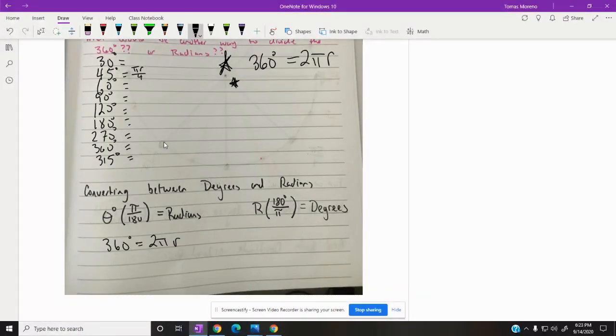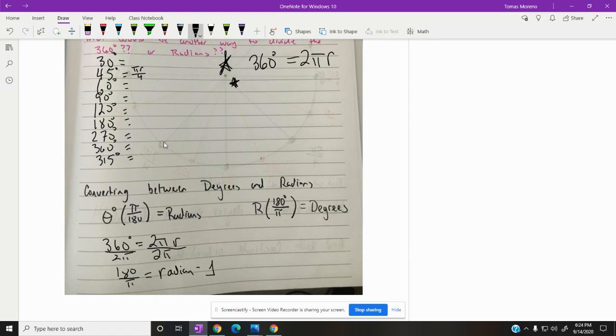Now, if I wanted to know exactly how much a radian is, I just solve for the radian. I divide by 2 pi, and this would be 180 over pi, which would give me the radian, right? Now, this would be 1 radian.